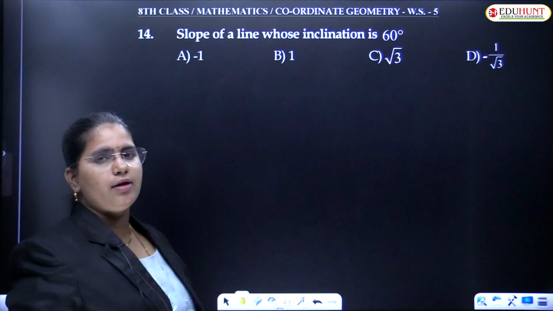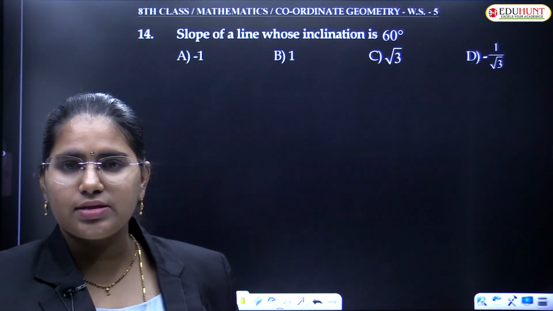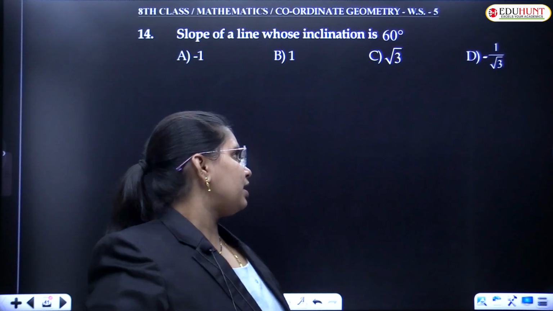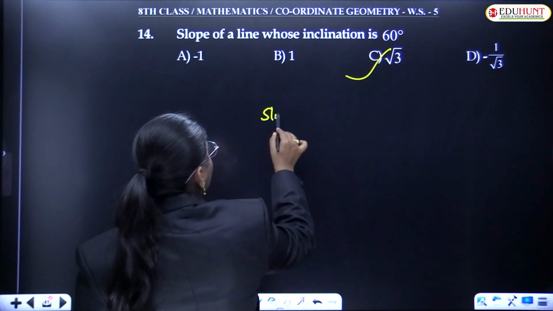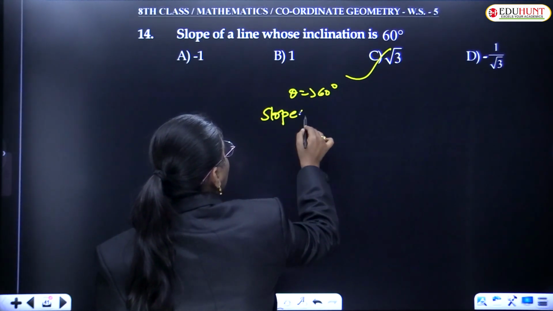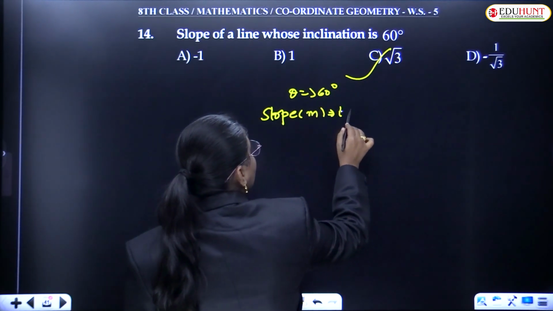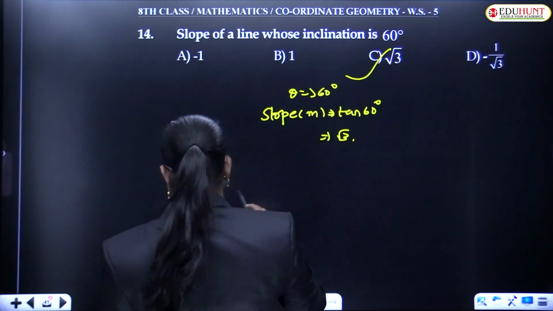So what do you have to find? Tan 60. The answer should be on the tip of your tongue. What is the value of tan 60? Tan 60 is equal to, very good, root 3. Slope m is equal to tan 60 degrees, which is equal to root 3.